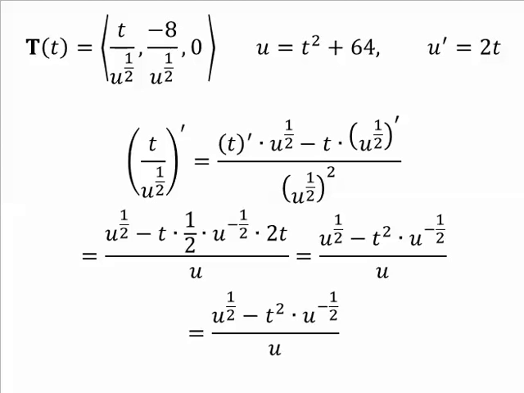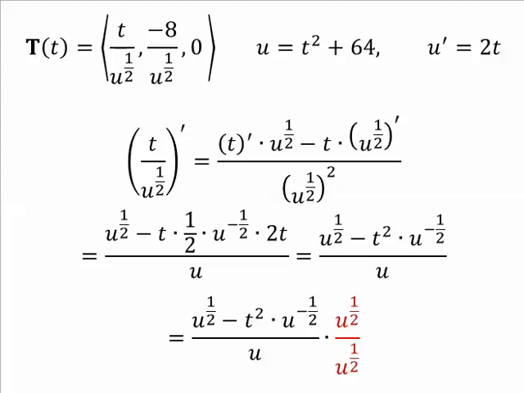What I recommend you do is multiply the top and the bottom by u to the 1/2 power. The reason I'm choosing u to the 1/2 power is that my numerator has u to the negative 1/2 power. And rather than getting a common denominator and all that nonsense, it's easier just to obliterate the u to the negative 1/2 by multiplying the top and the bottom by u to the 1/2.